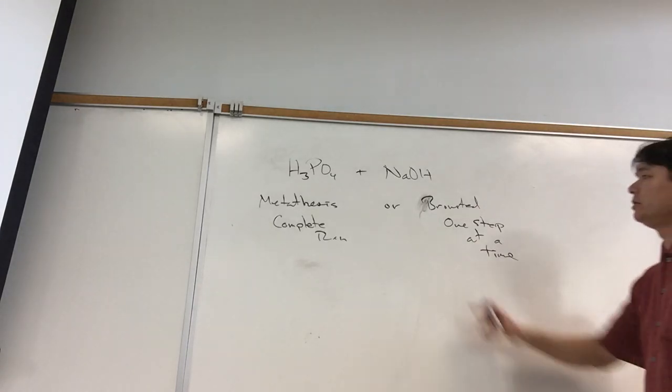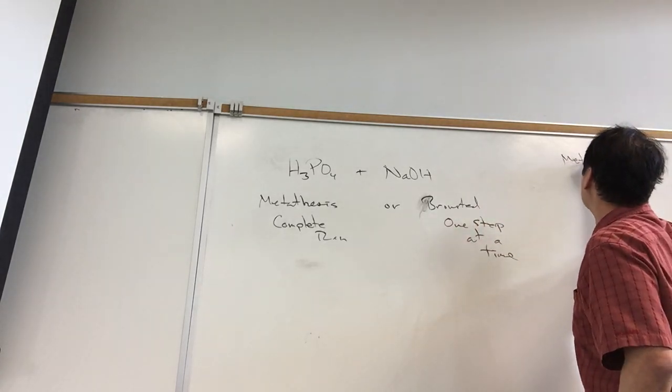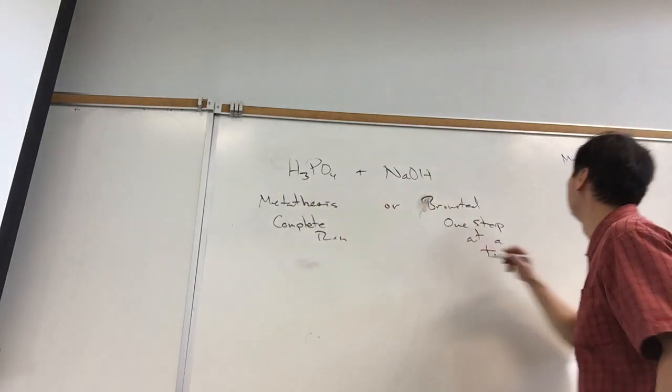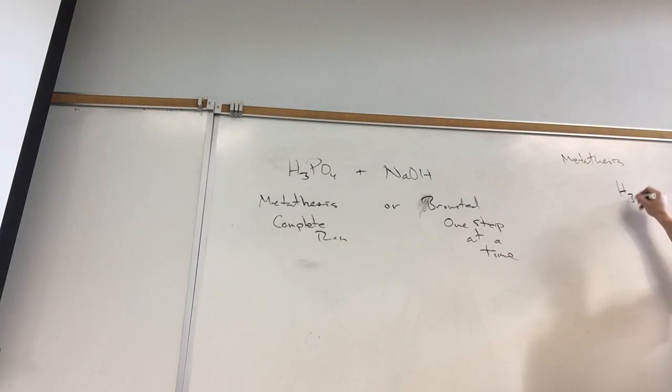So if I were to do this by metathesis, I would completely neutralize all the hydrogen. I have 3 acidic hydrogens here. And so I take H3PO4 plus sodium hydroxide.